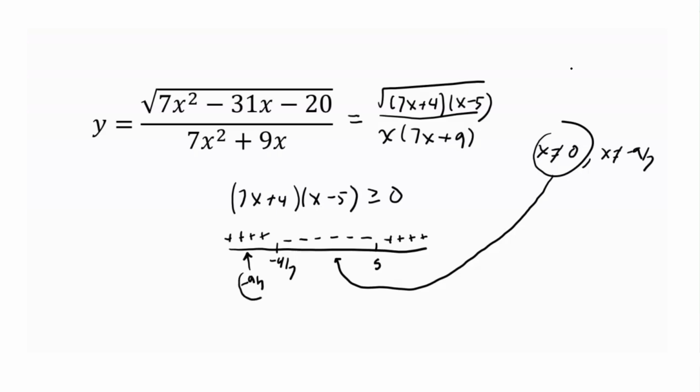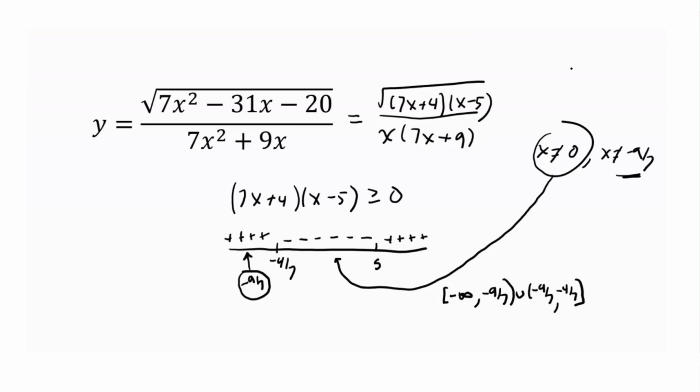So when I write out my solution here, it would be negative infinity to negative 9/7. Now I can't include negative 9/7 because it makes the denominator undefined. So I'm going to union that with negative 9/7 to negative 4/7.